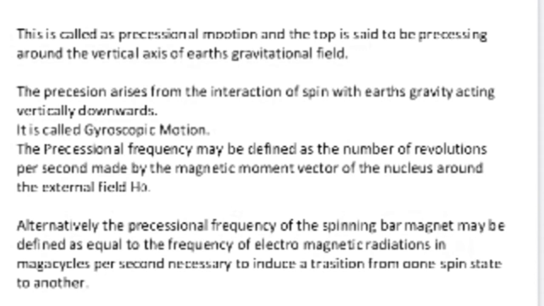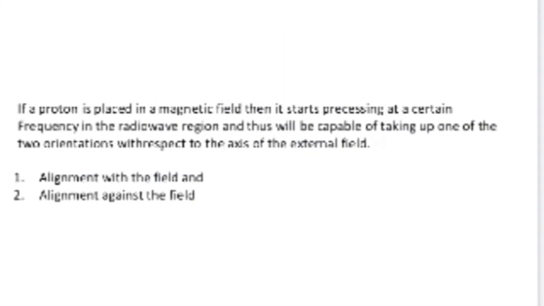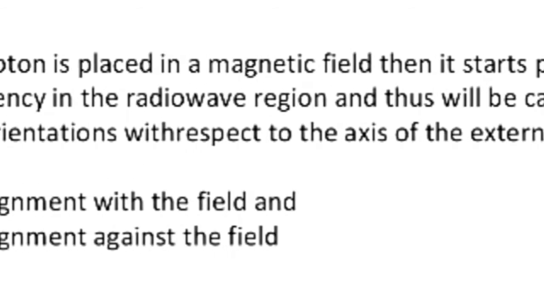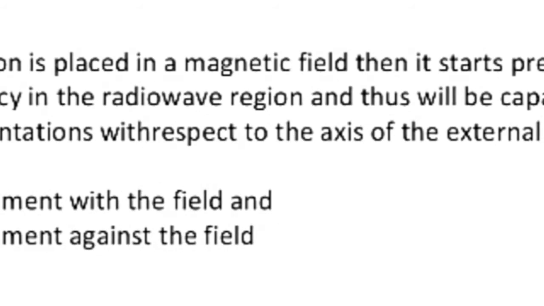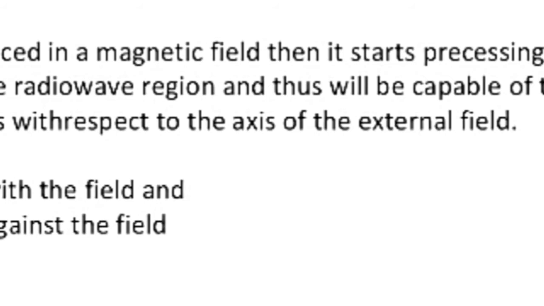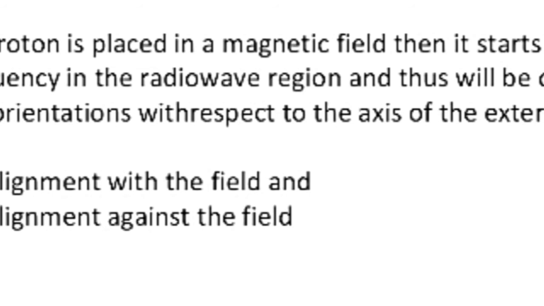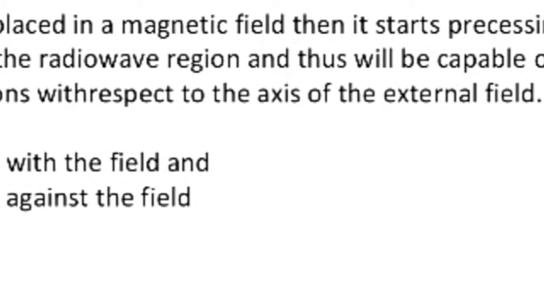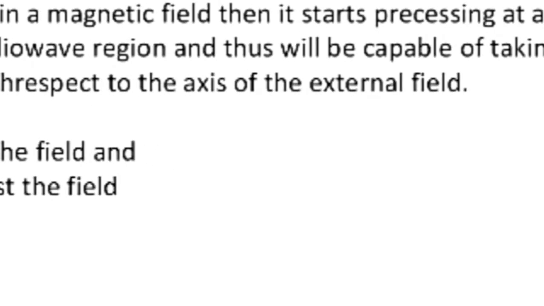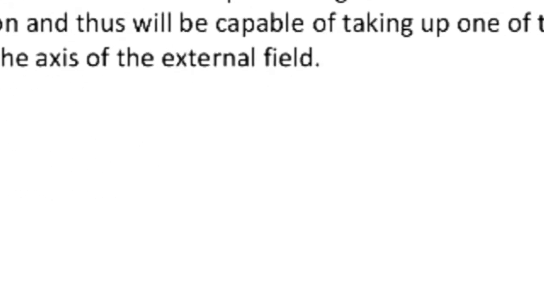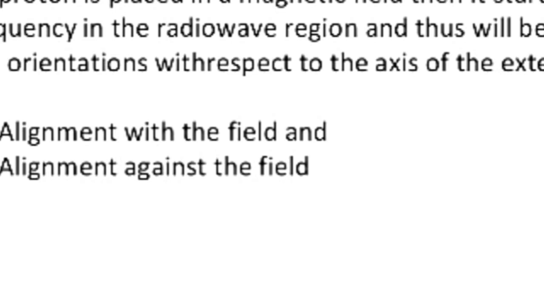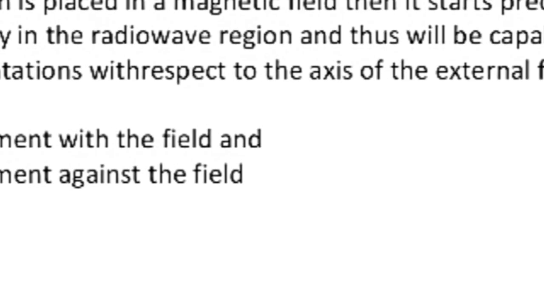So here, if a proton is placed in a magnetic field, then it starts precessing at a certain frequency in the radio wave region, and thus will be capable of taking up one of the two orientations with respect to the axis of the external field.